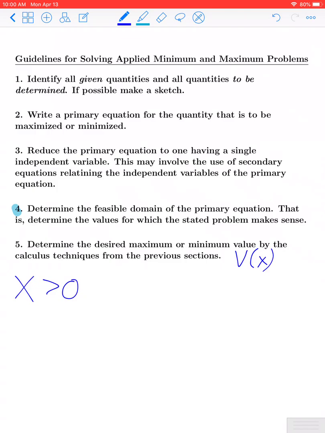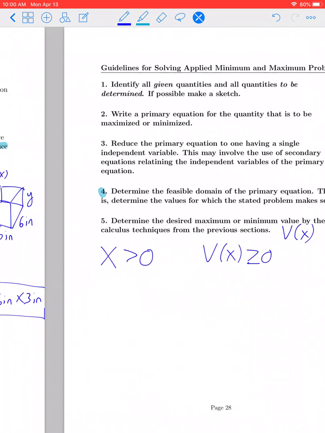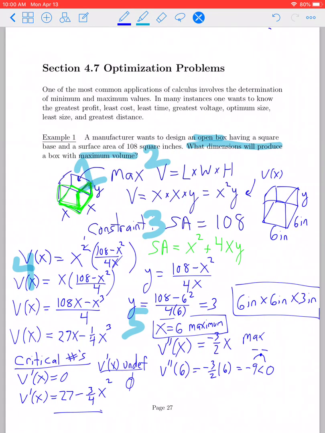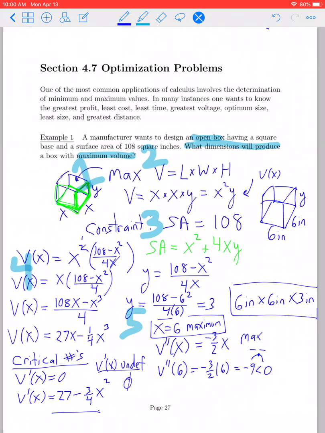But then we also know that V of x has to be greater than 0, technically greater than or equal to 0. If we go back and look at the expression we had for V, the form I'm going to use is the following.